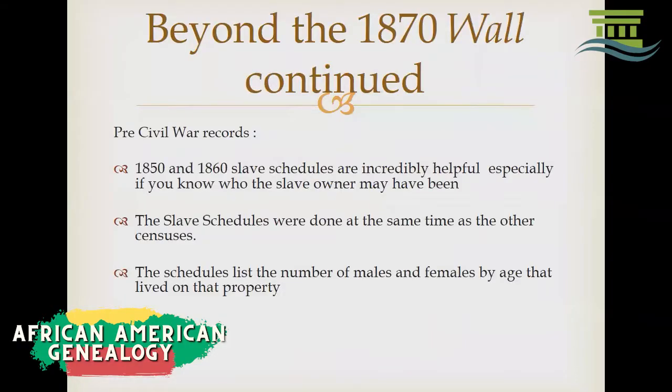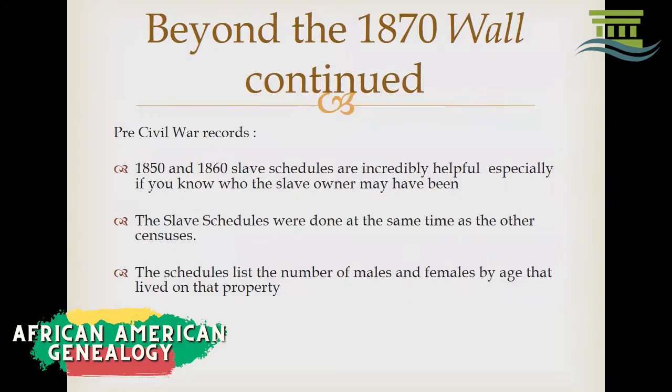There's always something. In 1850 and in 1860, there were slave schedules done. A slave schedule, which is incredibly helpful in pointing you in the right direction, listed the slave owner by name, and then the gender, and also the race, if they were Black or if they were mixed or mulatto, how it puts it on that slave schedule.